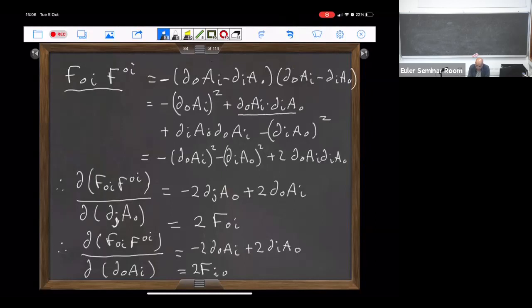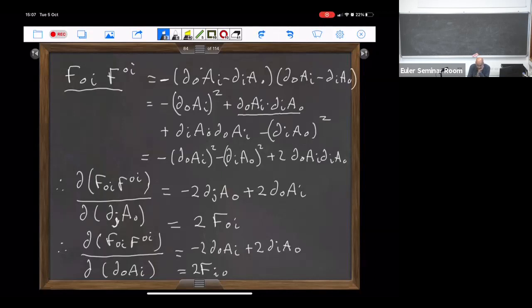We get D0 Ai times Di A0, and here, remember, we're summing over i in the end. This term comes from this times this, we get this term here from this times this, and then the last term is (Di A0) squared. So we write that as I've written here.